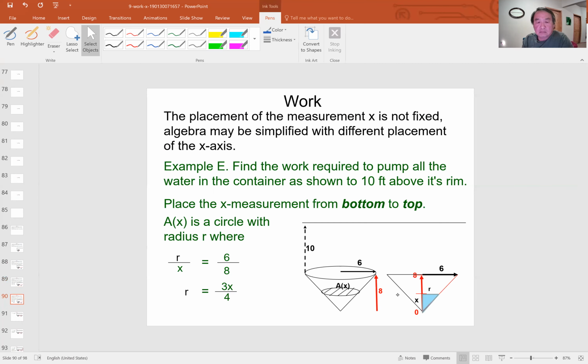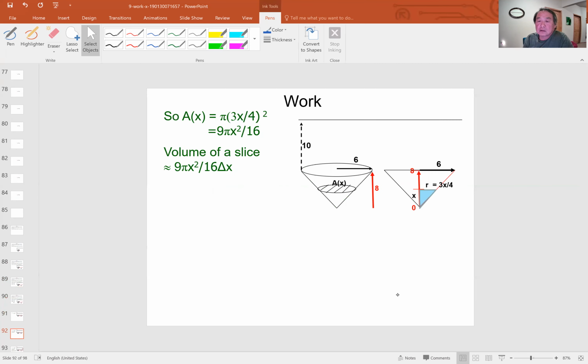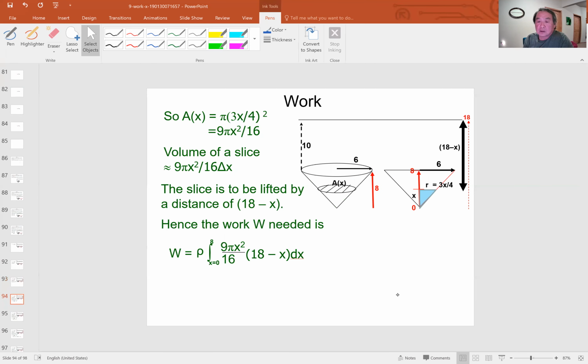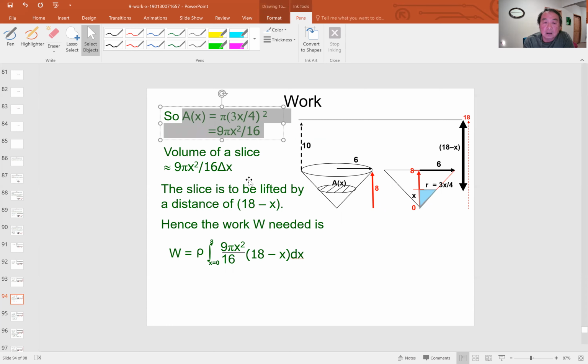I'll just let you read this one. Basically, to get the radius r, you use very simple formulas and proportional triangles. So this is the cross-sectional area, and how far does it have to travel? It has to travel 18 minus x, because x is measured from here to here.